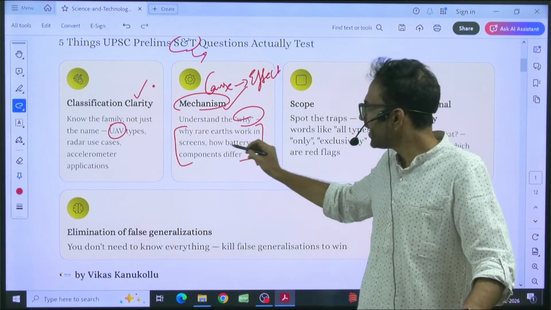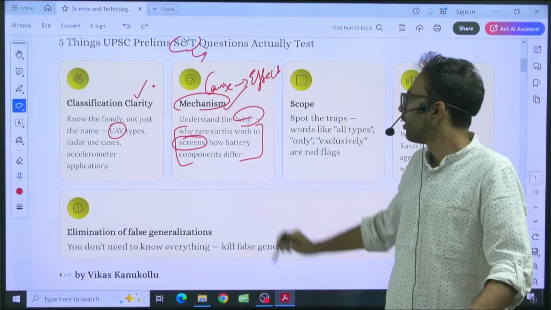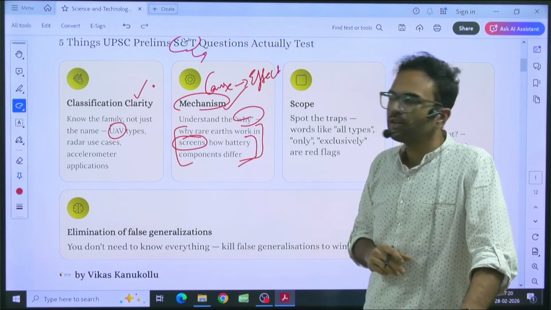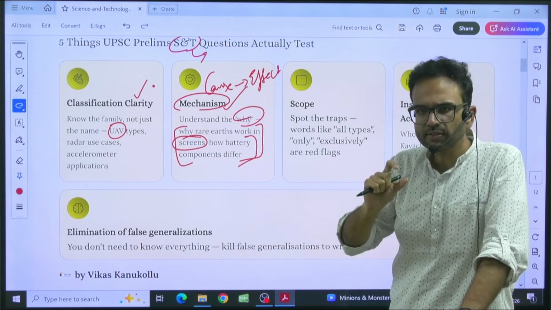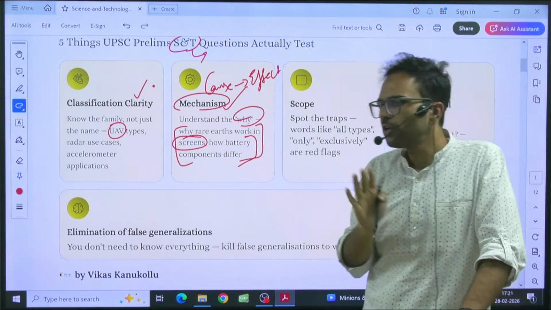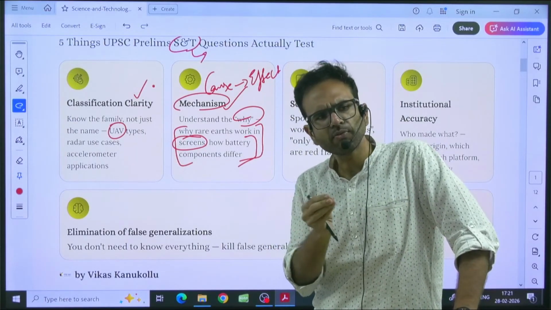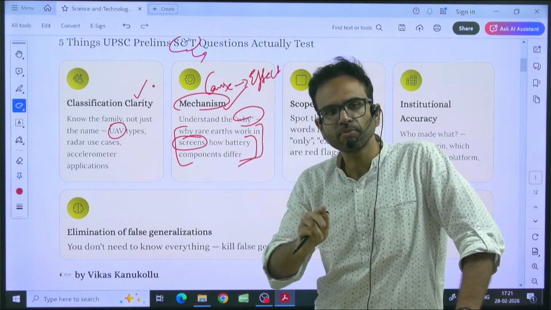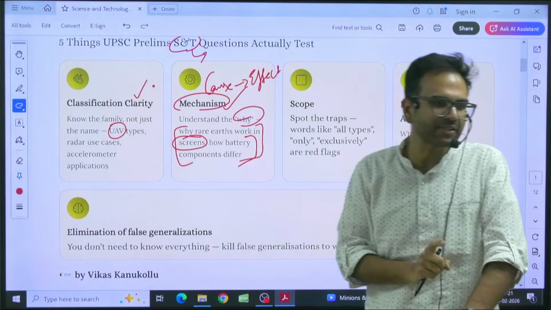You need to know why they are important in your mobile screens, for example, and how battery components work in different ways. If you're looking at a system, the process becomes important. Again, when you're talking about the process, knowing the individual components and their respective roles in that system is enough. You don't have to get into the nitty-gritties. That is not what UPSC is expecting from you.